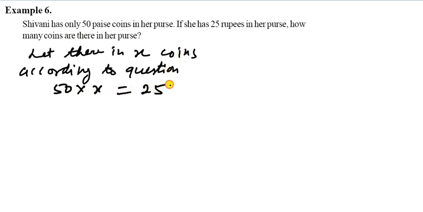So 25 multiplied by 100 because it becomes paise. So 25 rupees is equal to 25 into 100 paise.